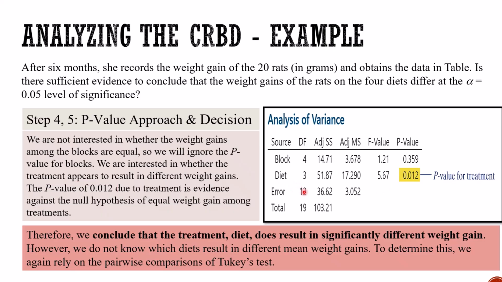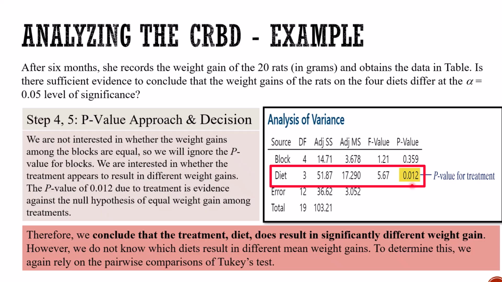So it says over here, we are not interested in whether the weight gains among the blocks are equal or not. We are just interested in the difference in the diet. So we will just focus on the diet row here, right? So we will ignore the p-value for the blocks. That's the reason we are not even looking at the 0.35 number, which is the p-value for the blocks. We will just concentrate on the 0.012 p-value.